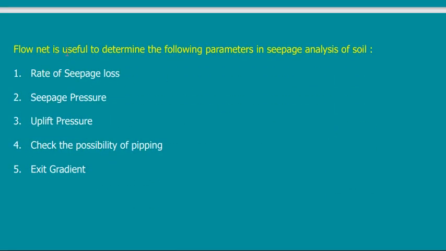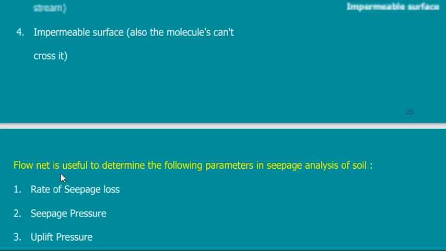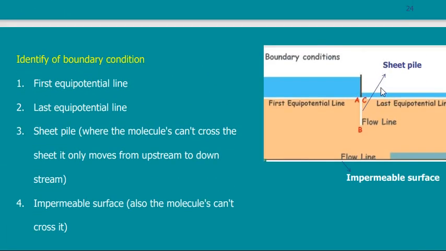Flow net is useful to determine the following parameters. It gives me the rate of seepage loss, the seepage pressure, the uplift pressure, check the possibility of piping, exit gradient. By the way, exit gradient means the pressure of water leaving the soil.